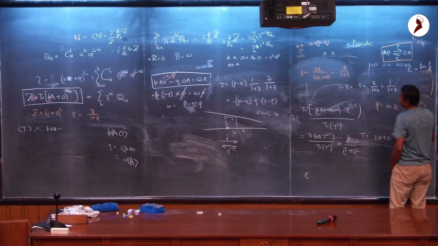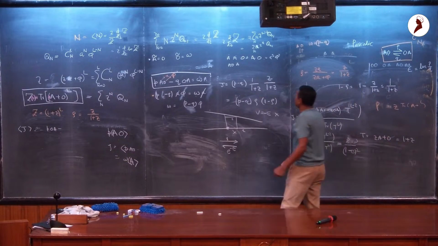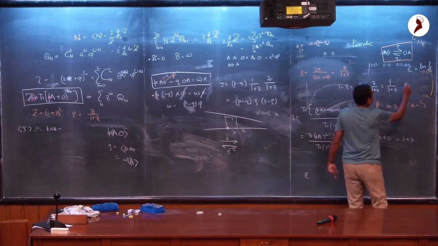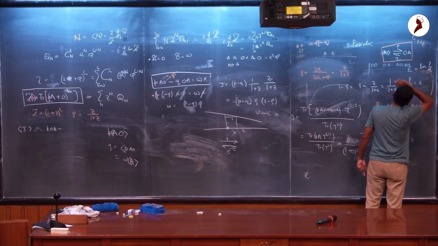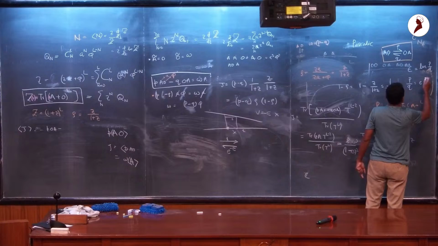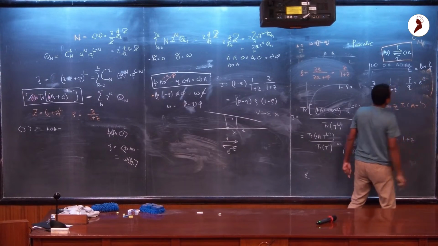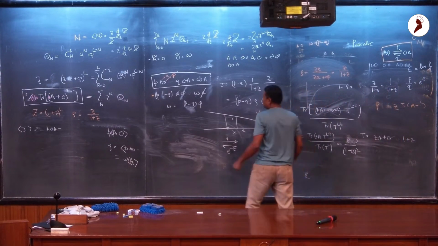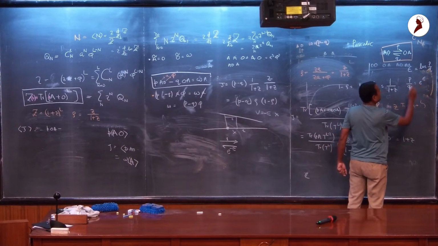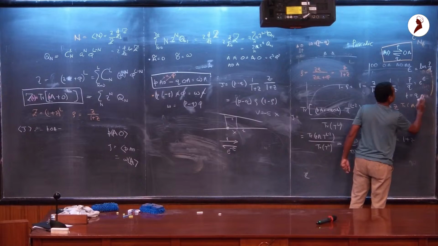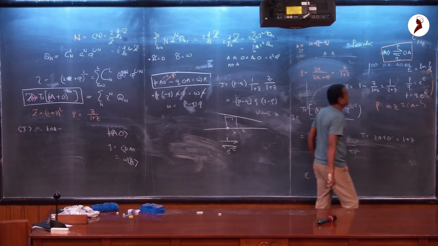In other words, your equation is P by Q equal to e to the power epsilon. So that also says that if you want to write it in terms of epsilon, P equal to Q e to the power epsilon.